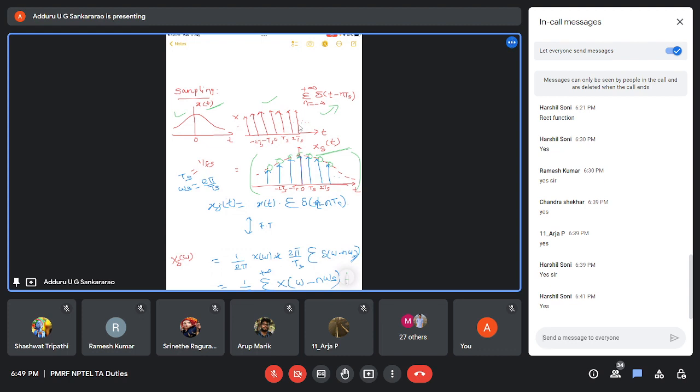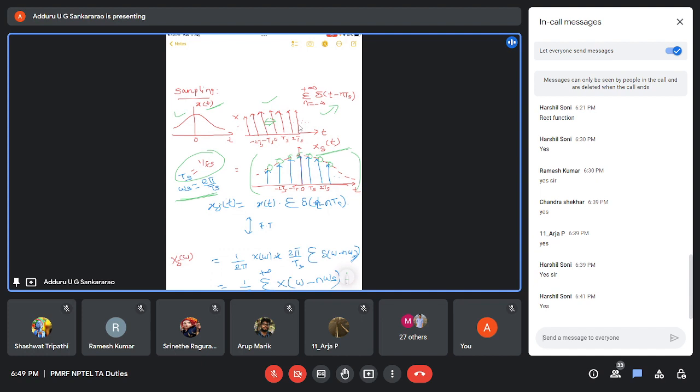So let us say ts is the spacing between the samples, the time period. So ts is 1 by fs, that's the frequency. In other words we can express omega s, the sampling frequency in radians, as 2 pi fs or 2 pi by ts.